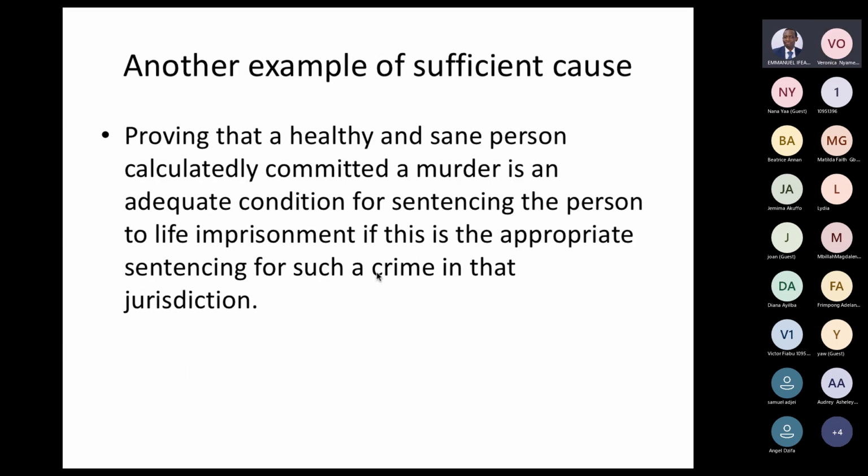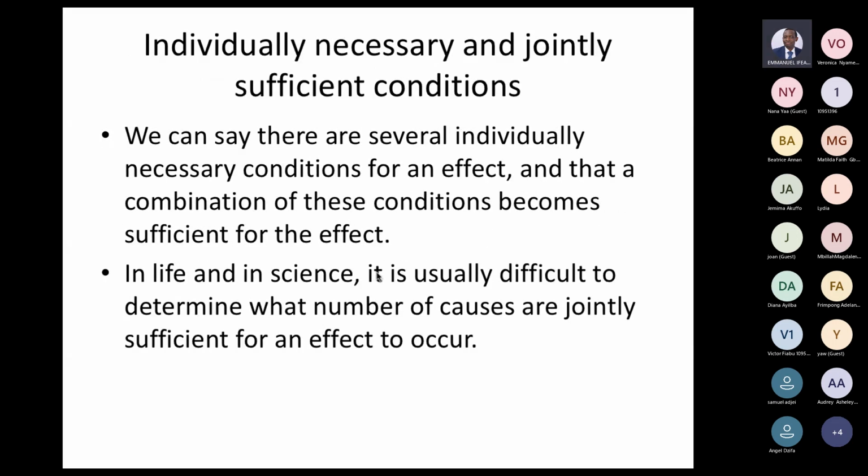We saw there's a difference between the two kinds of causes. There's a big difference between the necessary and sufficient causes. We said it is not easy to get a sufficient cause, because a sufficient cause might need a number of necessary causes which we are not sure is complete.